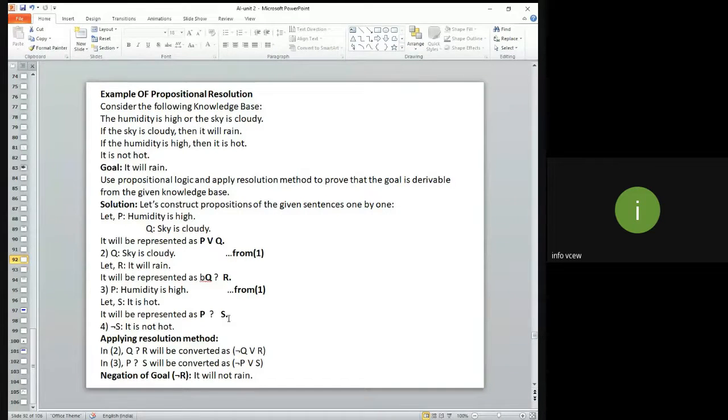In resolution we take the negation. So it is not hot. You want to take the negation statement.